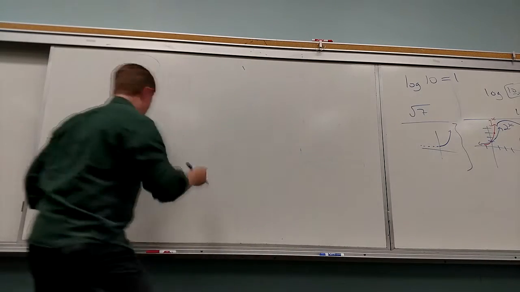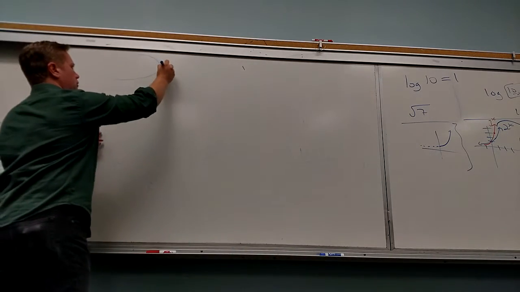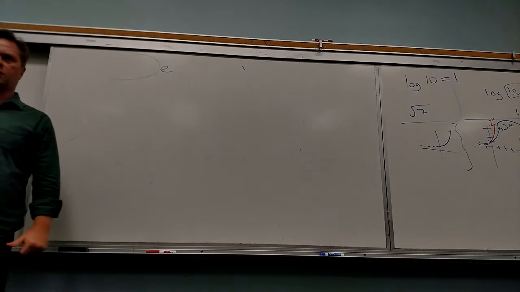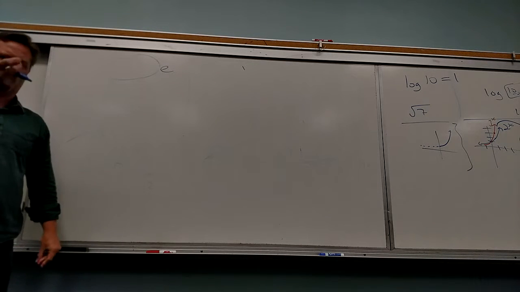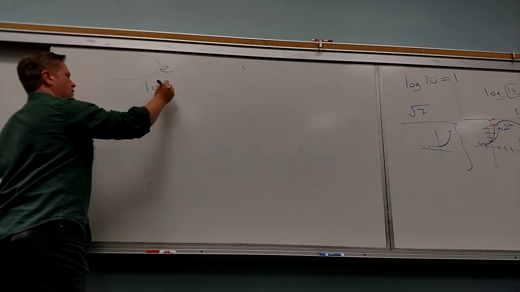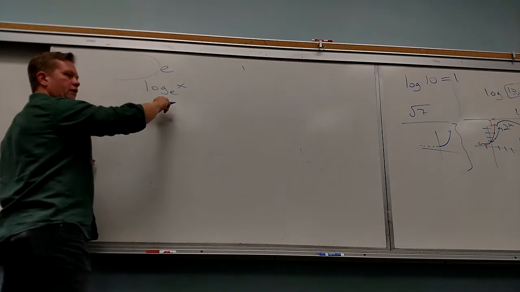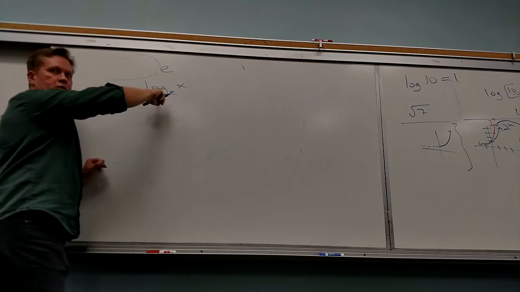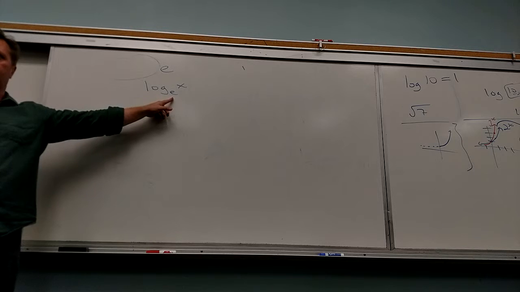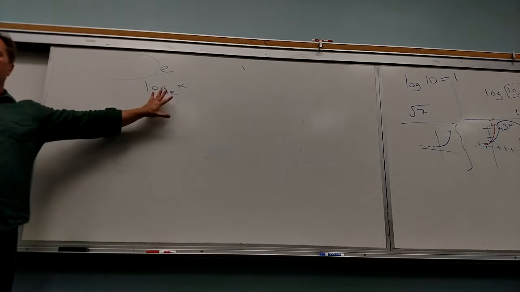So here's the big thing to get from this. E is just another number, like 2, 3. It just happens to be a gross number that never stops, just like pi. I will never write this again for you. It hurt a little bit to write this. Is everybody with me on this? This is log base E. We don't use this.